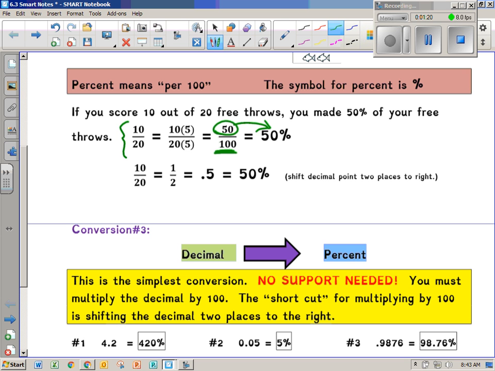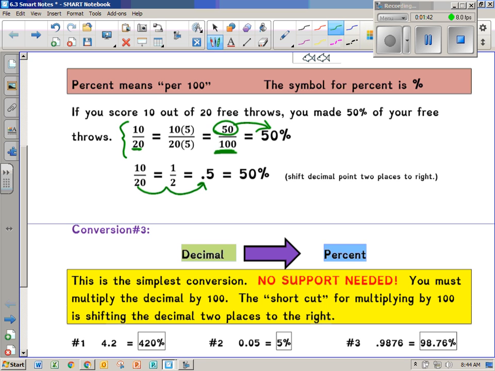I don't always have to do that, and you can see sometimes it wouldn't be convenient. If the denominator were not a factor of 100, that method wouldn't work very well. So another alternative is to convert your fraction to a decimal, which we've already talked about doing, with long division sometimes.